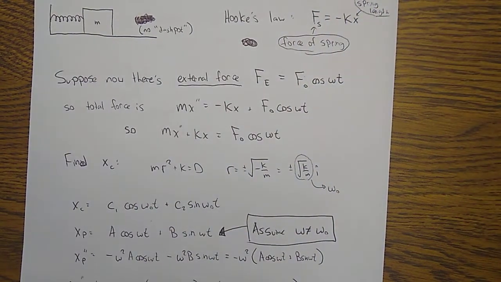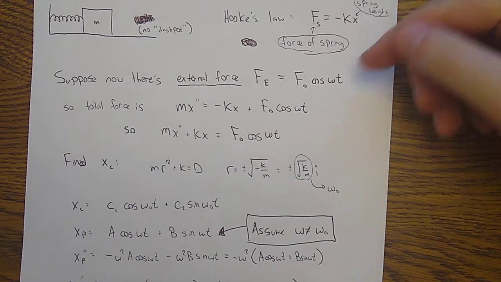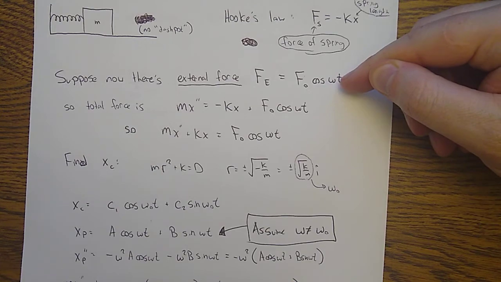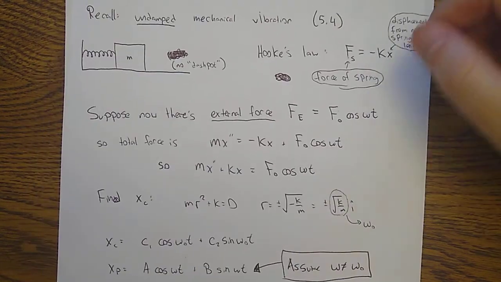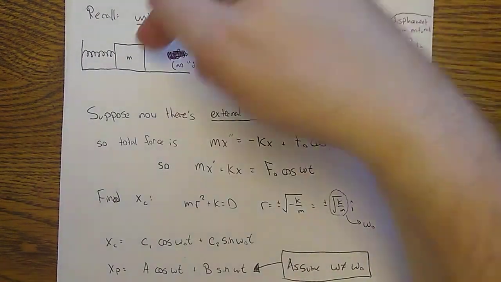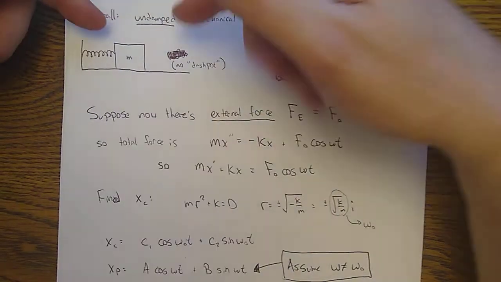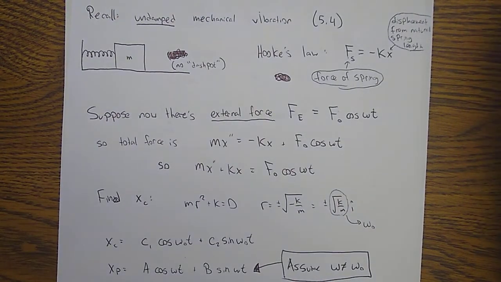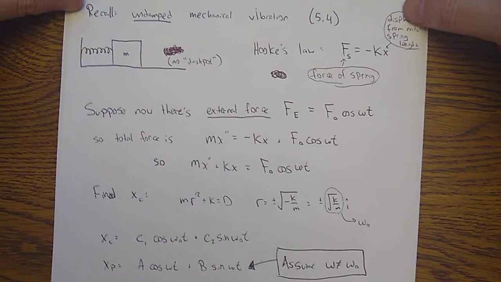And I guess there is reason for this. This is a particularly important type of function. There's a lot of natural examples where you have such a force applying on the mass, just going back and forth in this periodic way that is like a trig function.